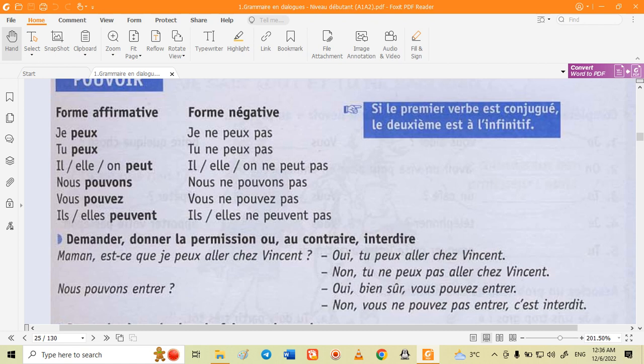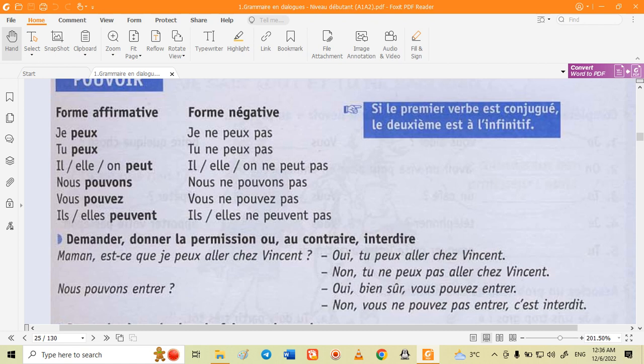Si le premier verbe est conjugué, le deuxième est à l'infinitif. It is really easy for you guys. It is written that if the first verb is conjugated, the second one is in infinitive form.